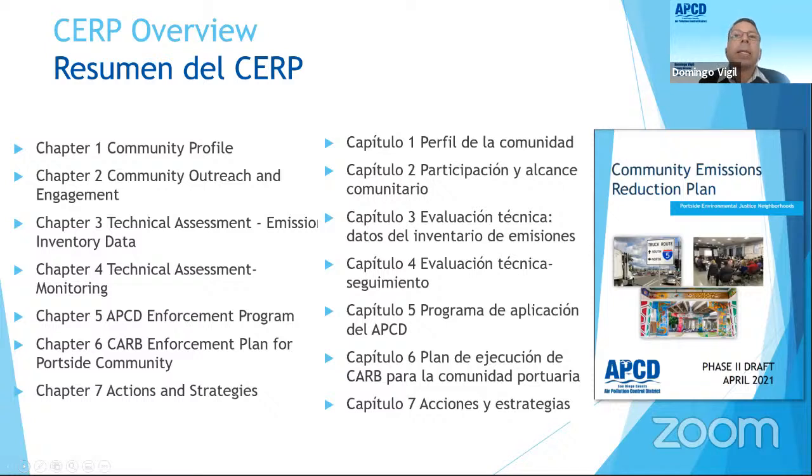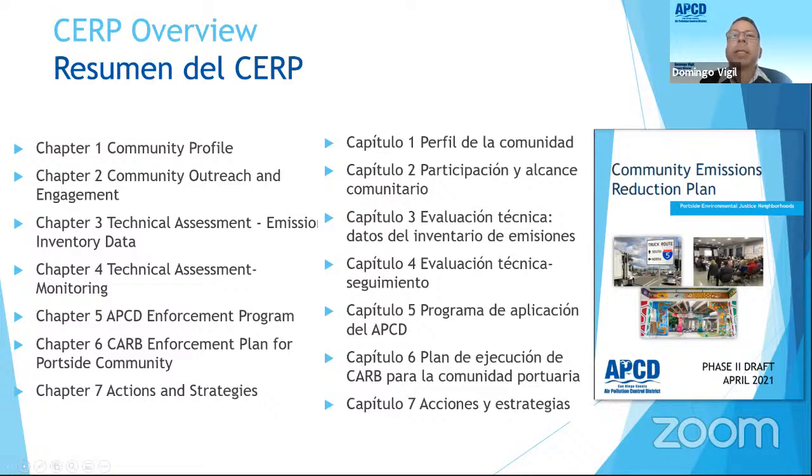The CERP is organized in 7 chapters, providing information on the following areas required by the state's blueprint for the Community Air Protection Program. Chapter 1, the community profile, describes the Portside community and why and how it was selected. Chapter 2, community outreach and engagement, describes the process to establish and convene the Portside Community Steering Committee and stakeholder and public involvement to develop the CERP.